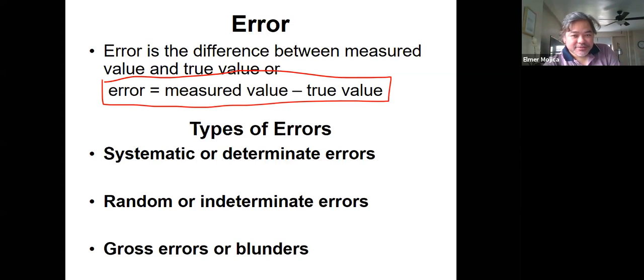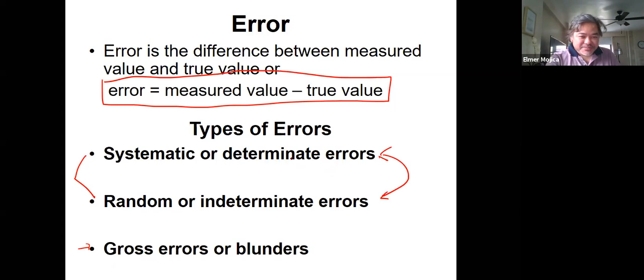So today we're going to look at the types of errors. In most of the books, they just list these. But I want to include the third type of errors here, gross errors or blunders. So we have the systematic or determinate errors, and then we have the random or indeterminate errors. These are the two main errors.